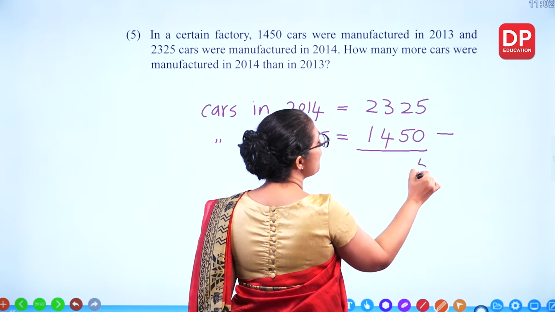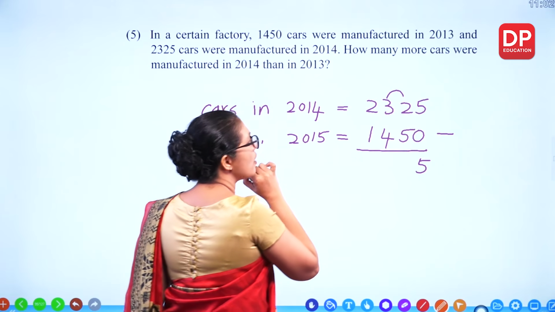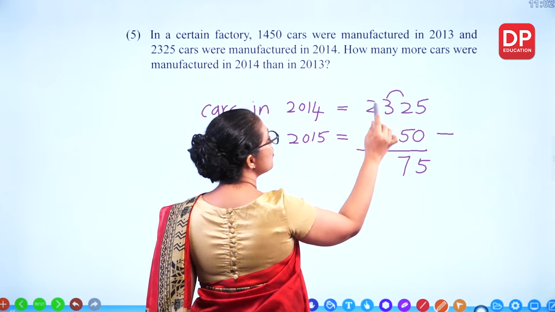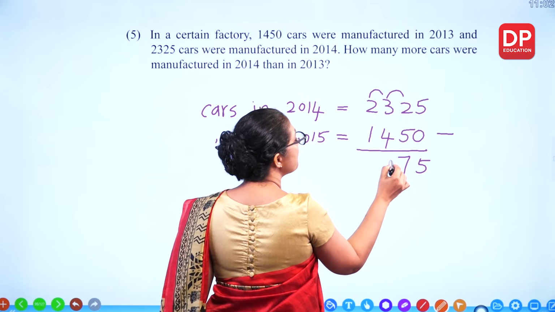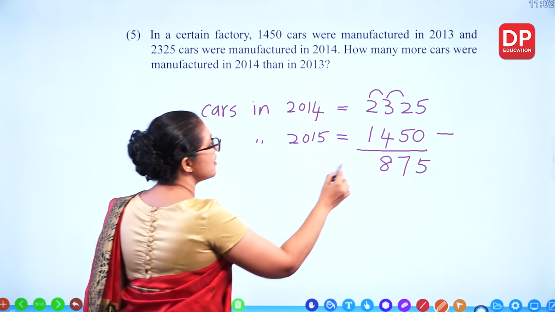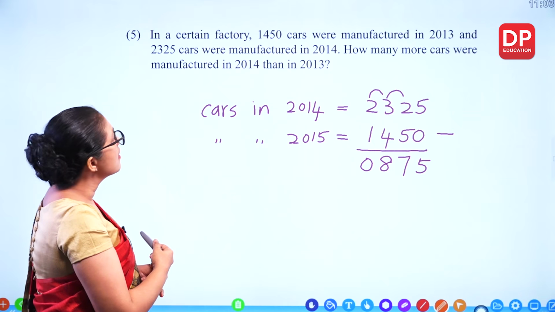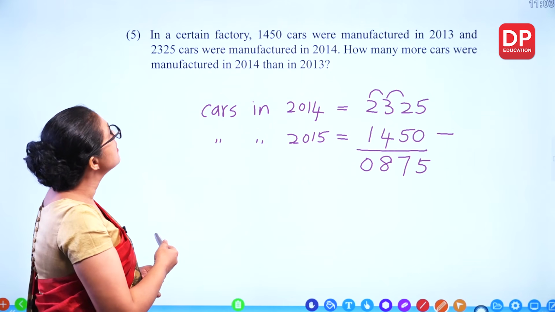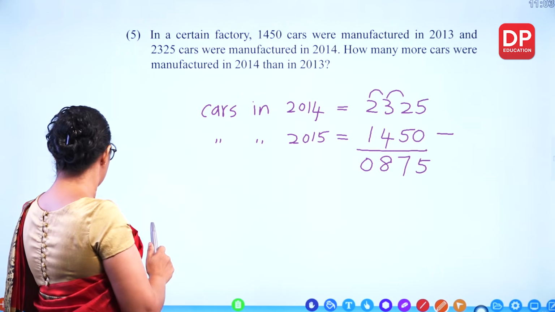5 minus 0 is 5. Then you can't subtract 5 from 2. So you take 1. 12 minus 5, that's 7. This becomes 2 now. Take 1. 12 minus 4, you get 8. So 1 minus 1, that's 0. So altogether, 875 cars are extra in 2014.